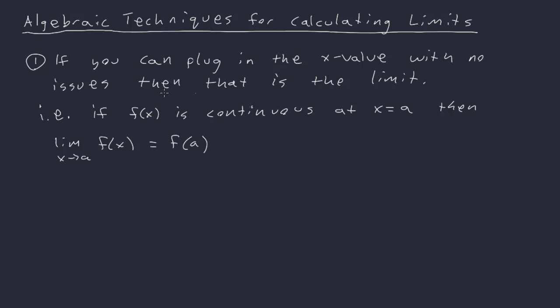We've sort of already talked about this, because this is another way of saying that if f of x is continuous at x equals a, then the limit as x goes to a of f of x equals f of a.